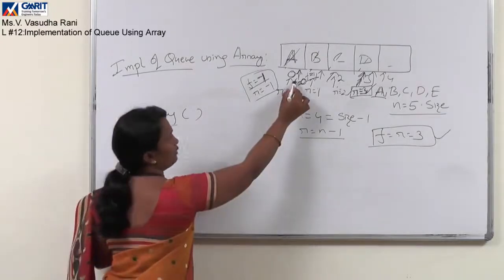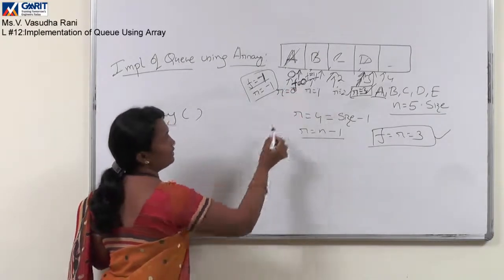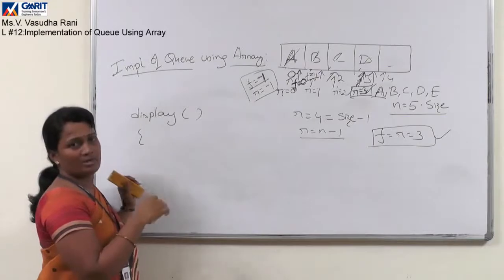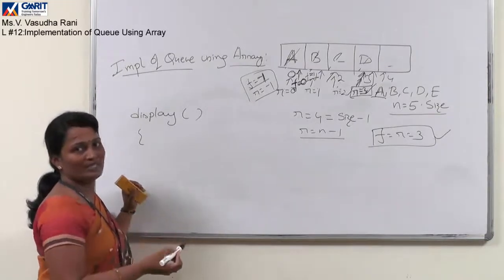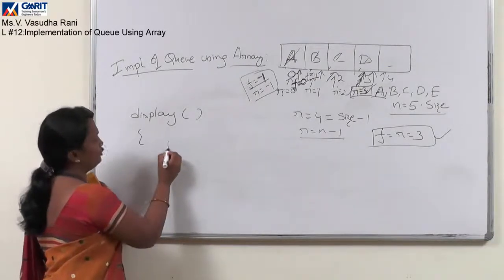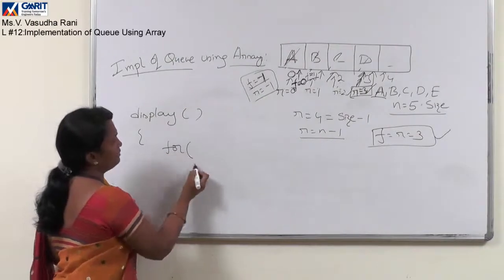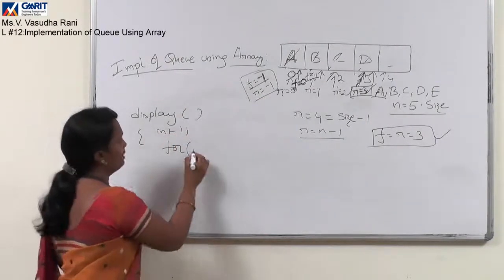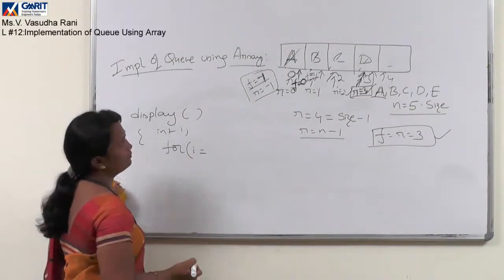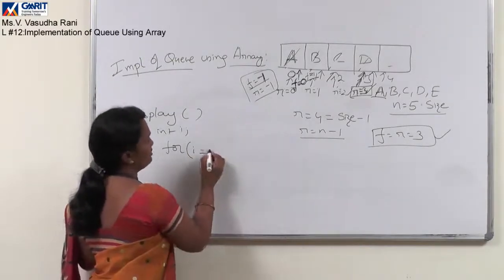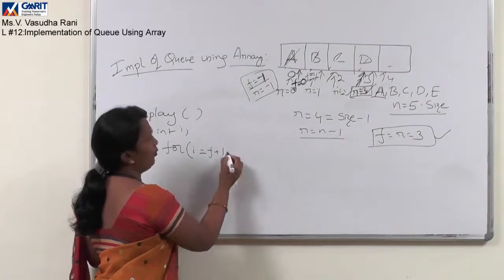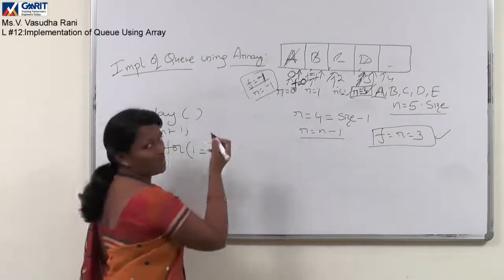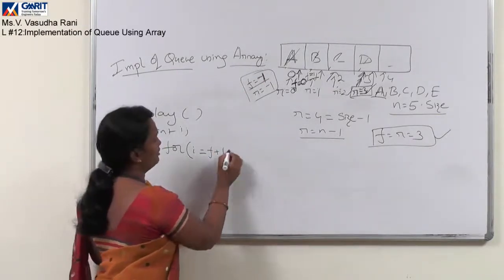So whatever front value is there, you have to start with front plus 1. Using a for loop, you can take an index variable i, starting with i equal to front plus 1, because the front location always refers to an empty location.